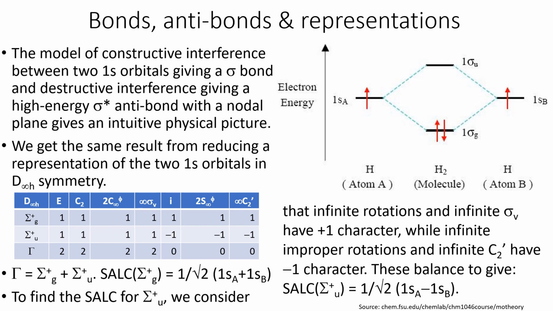So you've got two infinities worth of +1 character and two infinities worth of -1 character. Given that the improper rotations and C2 prime axes move HA onto HB, when you go through this process, given the equal numbers of operations that go either way, ultimately it simplifies to 1SA minus 1SB. So that's a group theory justification for the symmetry adapted linear combination of the antibonding orbital, which of course makes perfect sense from our physical intuitive picture.